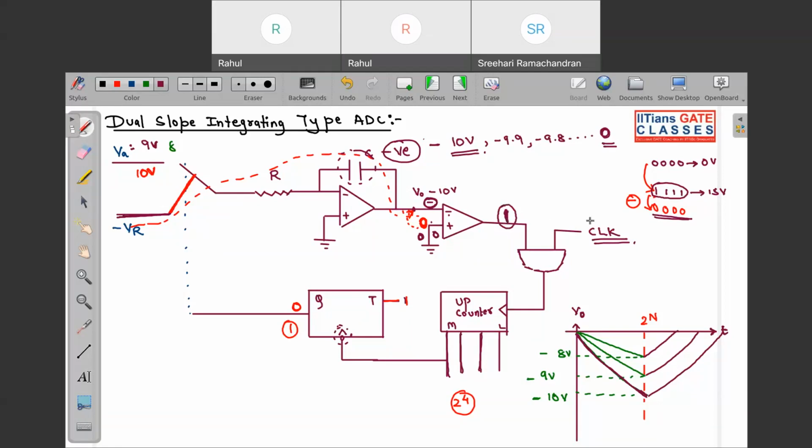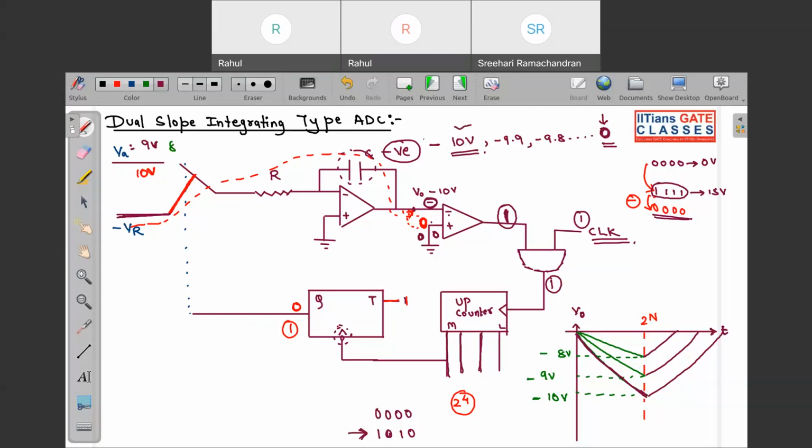When this is 1, if the clock is supplied, the output will be 1. So at each clock instant, this counter will be up counting from 0 0 0 0 till the point this voltage reaches 0. Let us assume that at this 0th point, my counter has counted to 1010.